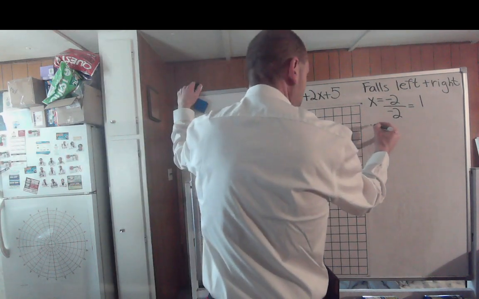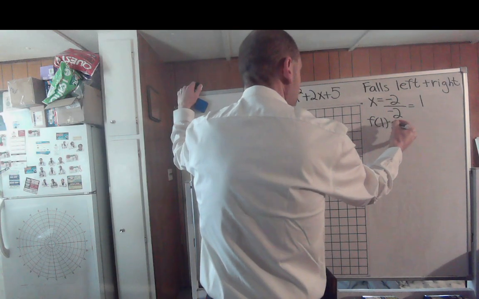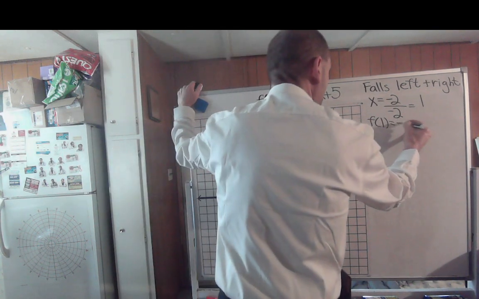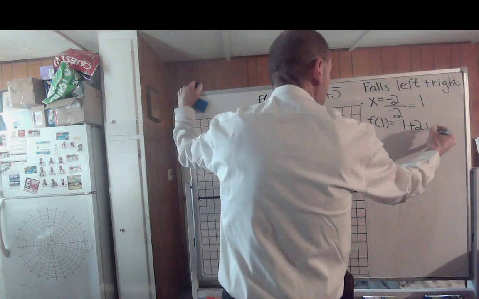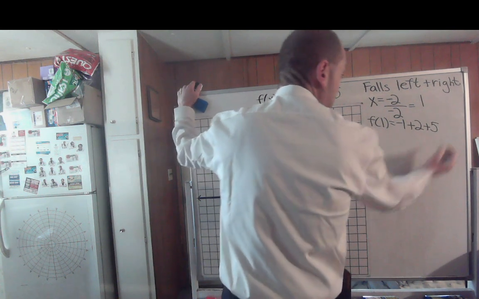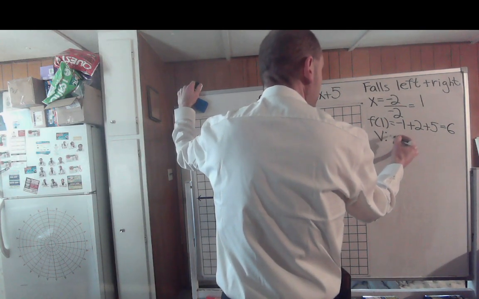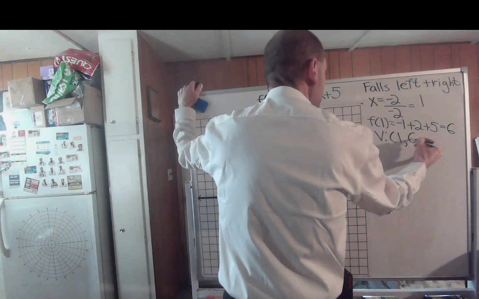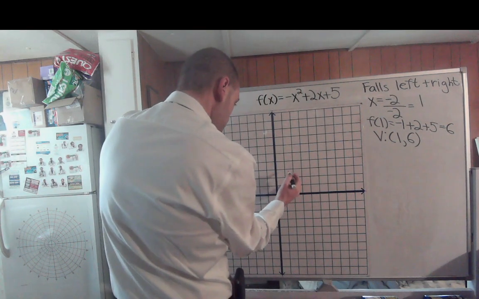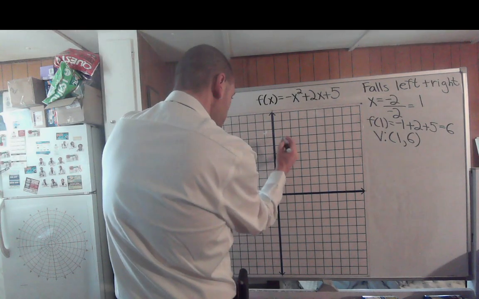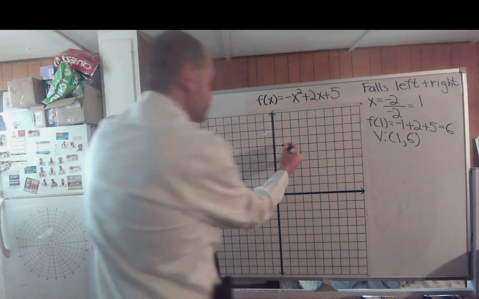So to find the y-coordinate, put in f of 1, that would end up giving you negative 1 plus 2 plus 5, which would give you 6. So the vertex can be found at the point 1, 6. So here's your vertex at 1, 6.